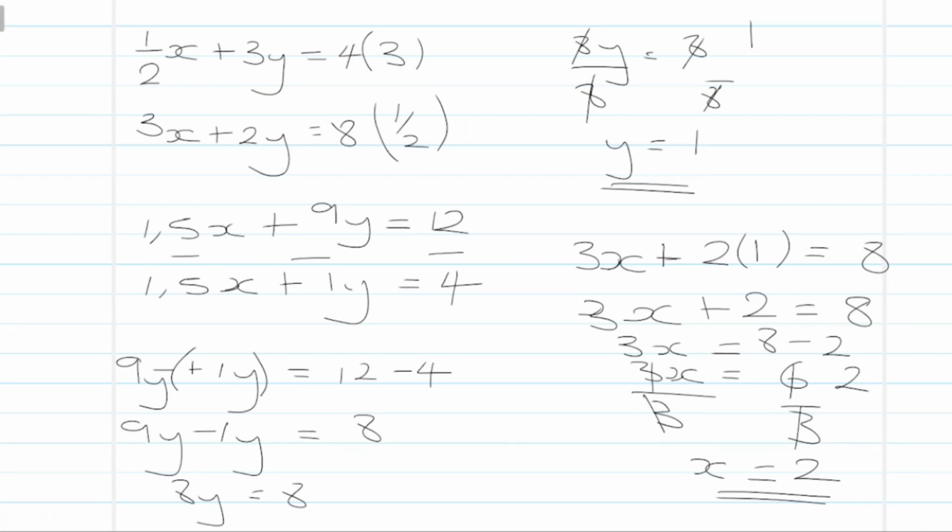And to prove if this is correct, you substitute these values in your equation. Let me use the second equation here. So we say 3, and we substitute x with 2, plus 2, substitute y by 1.